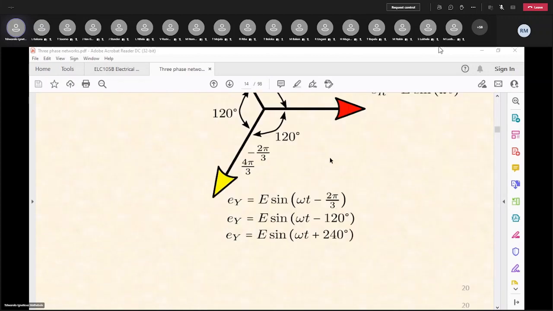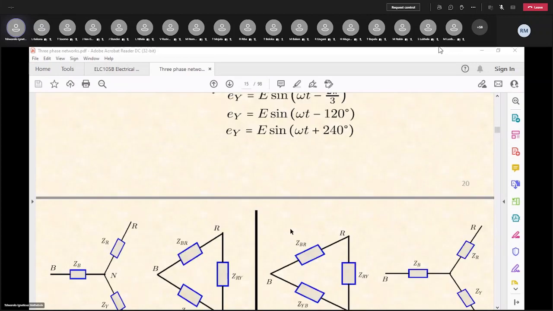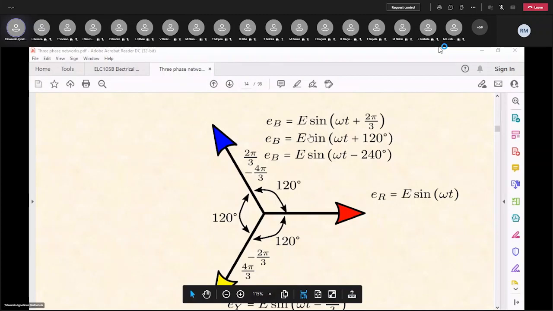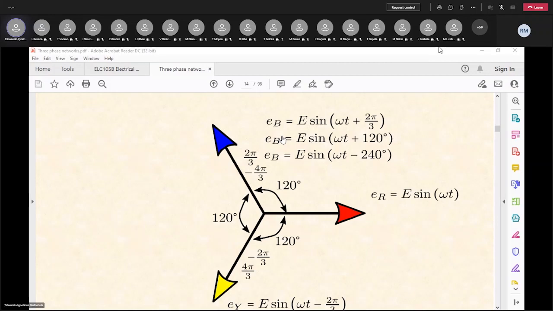Right. Any questions before we come to the load? I just wanted you to understand the waveforms in three-phase.